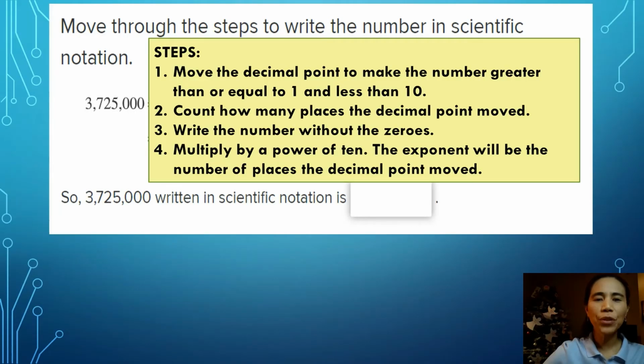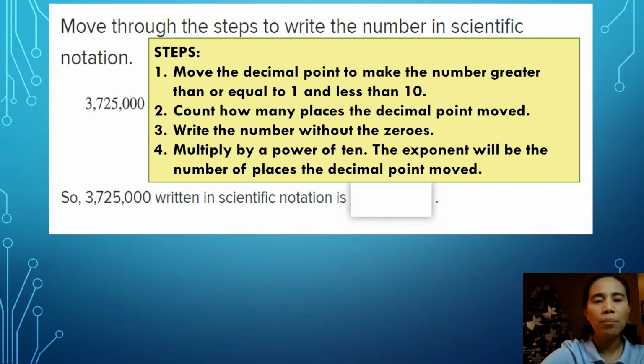Now let's move through the steps to write a number in scientific notation. Let's remember all these steps and apply them on a big number, which is 3,725,000. First, we have to move the decimal point to make the number greater than or equal to 1 and less than 10. And then, let's count how many places the decimal point moved.